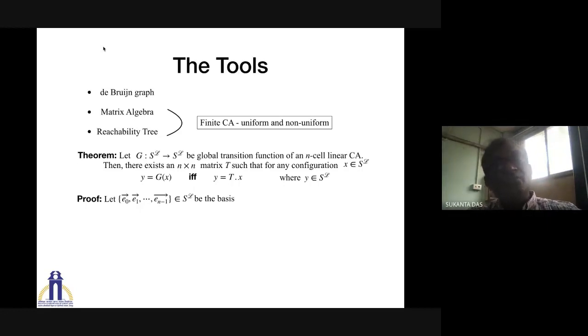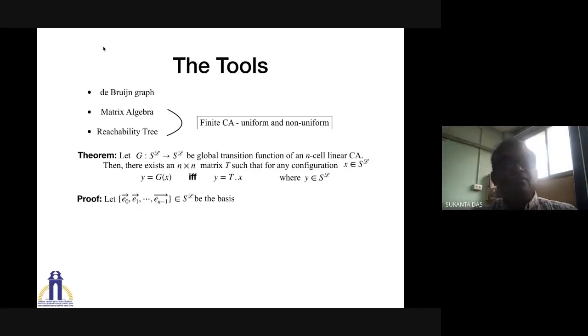From our understanding of linear algebra, any vector space can be generated by a set of independent vectors.